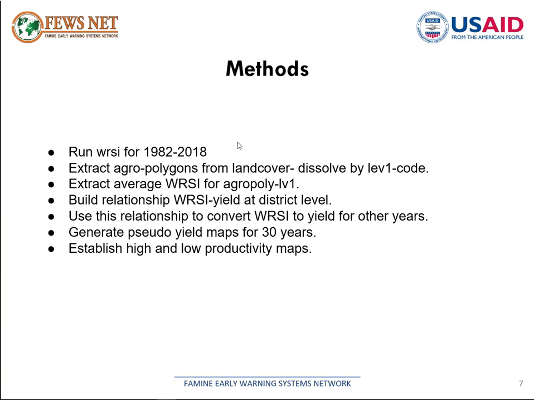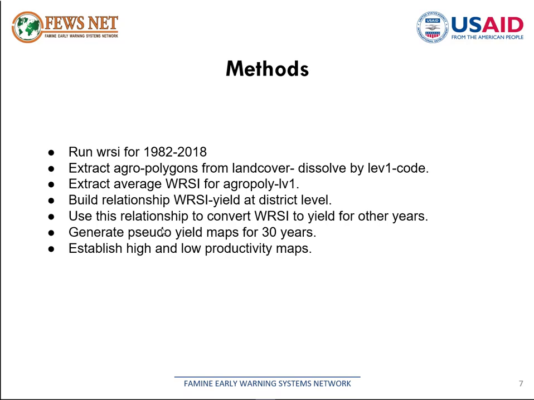What we're doing, so we ran the WRSI for 82 to 2018. I had to redo all the input layers because they didn't cover completely the extent of the country. At the end, the WRSI product was too short to cover those polygons, the complete polygons that I showed in the previous slide. So I extracted the agro polygons from the land cover and dissolved them by level 1 code, extracted average WRSI for each agro polygon, level 1, and then built the relationship between WRSI and yield at the district level, and that's how far we got.